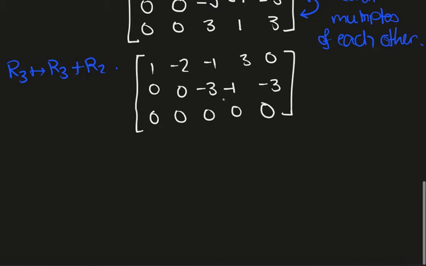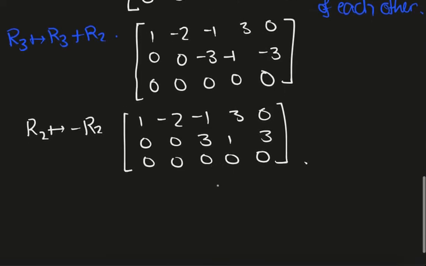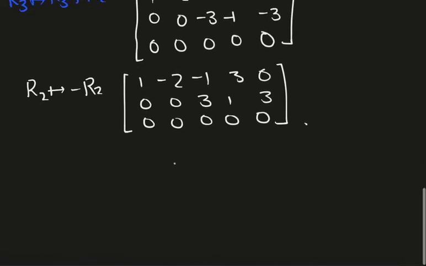Now, just to clean things up a little bit, I'll take row 2 to be negative row 2, so I'll just scale by negative 1. Okay, so that's about as good as we can make it. So let's now write it out to get an idea of what the solution set is.